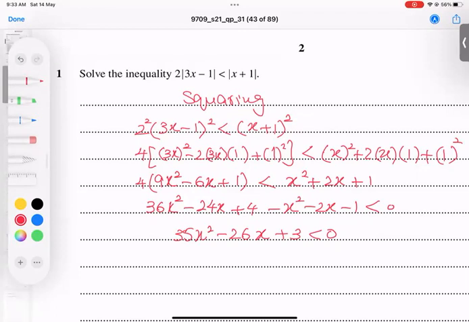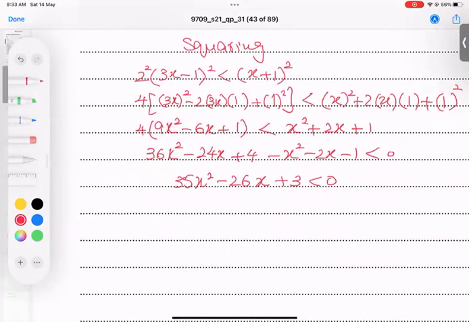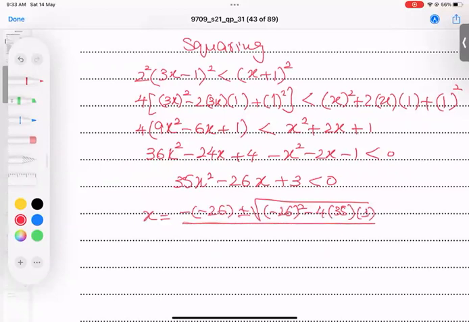Let me try myself. Here we have a, I mean to say, at least show this step. B square minus 4a is 35 and C 3, over 2a.